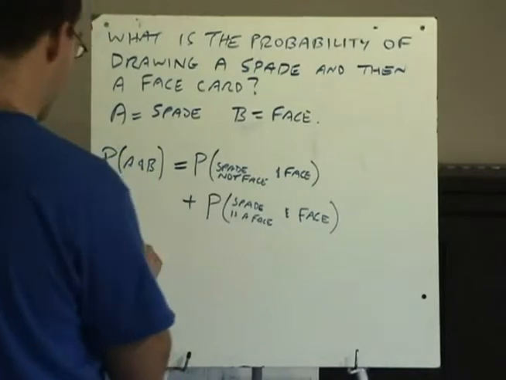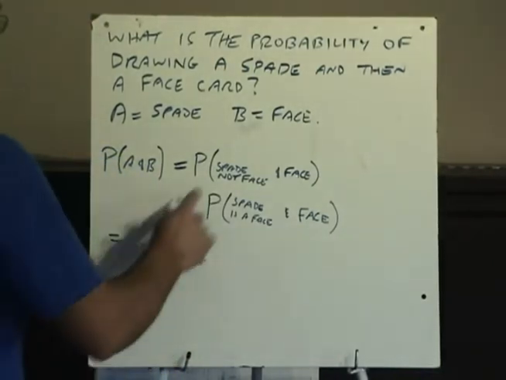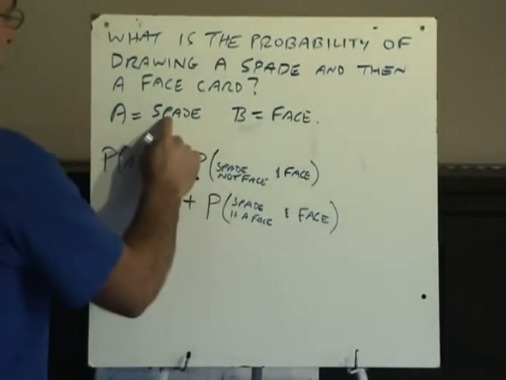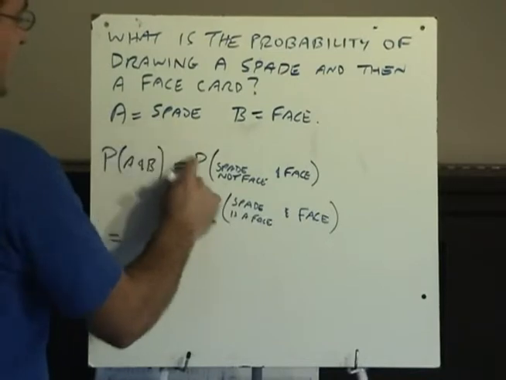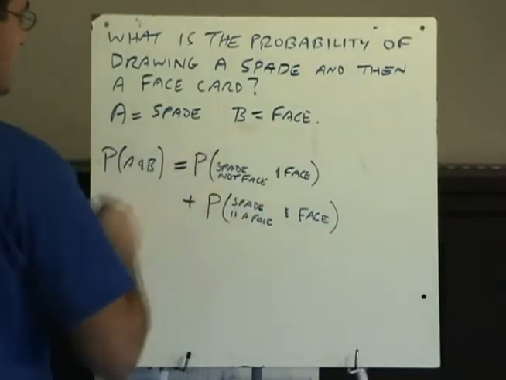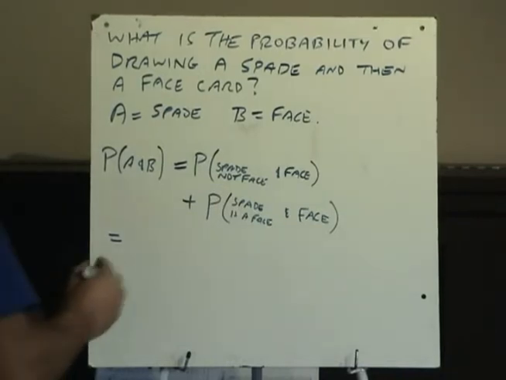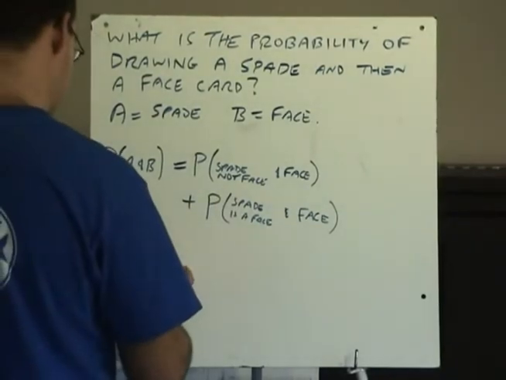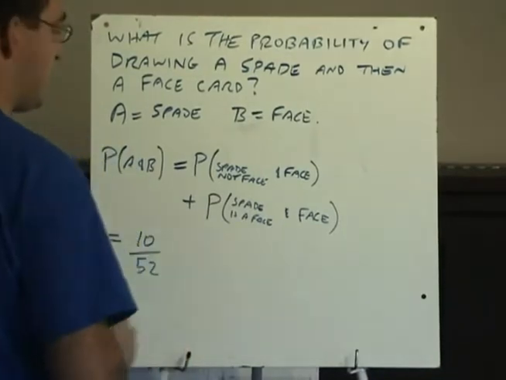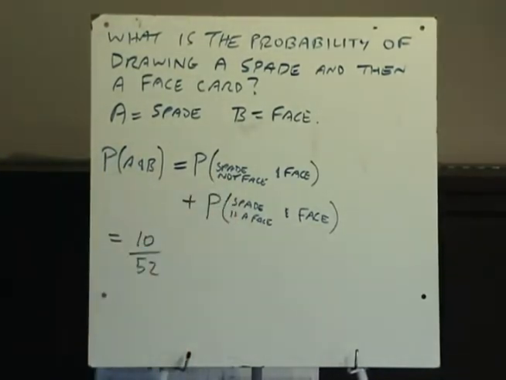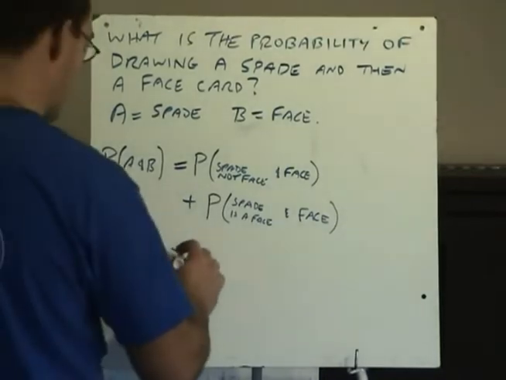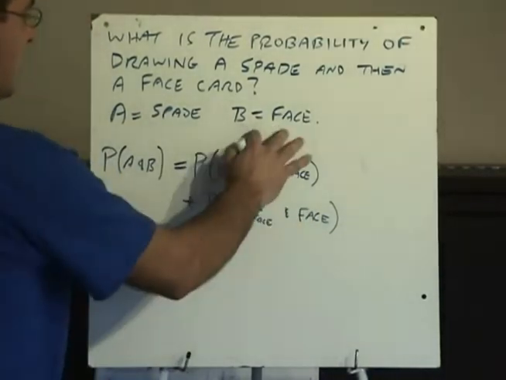So let's look at how this probability would work. We're going to assume to start here that this spade that we've drawn is not a face card. So we need to ask ourselves, how many spades are in the deck? Well, there's 13. And how many of those 13 are not face cards? Well, it's not the king, queen, or the jack. So there's 10 out of the 52 that are spade cards that aren't face cards, times now the probability of drawing our face card next.